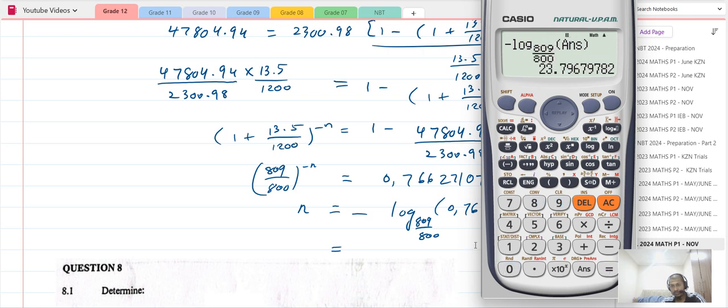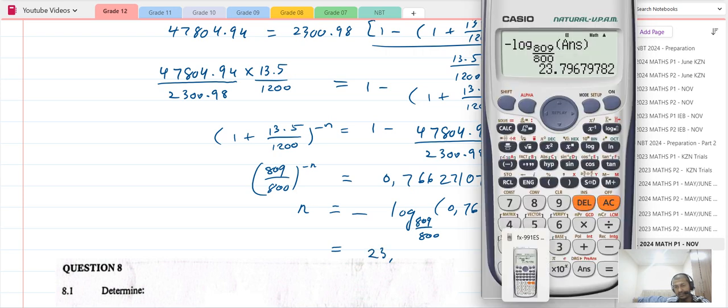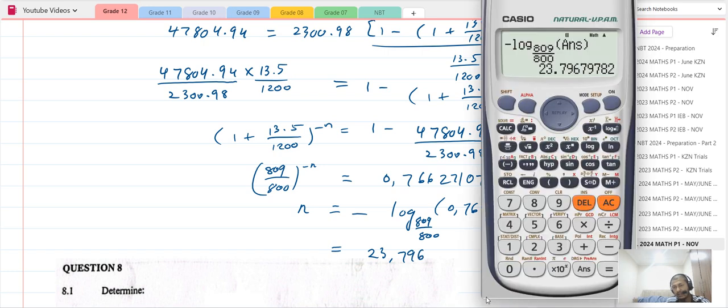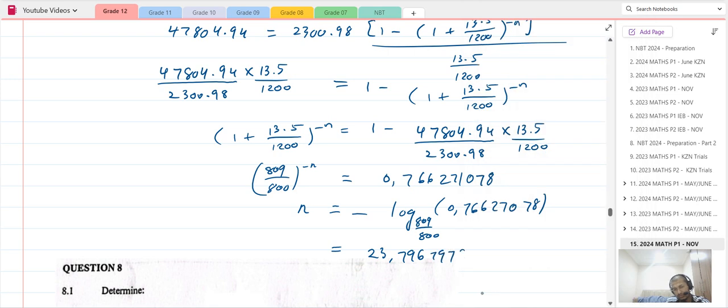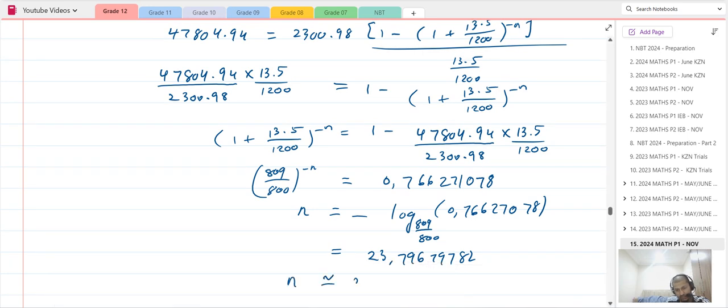So I'm getting 23.796, 79782. Right, so approximately 24 months.